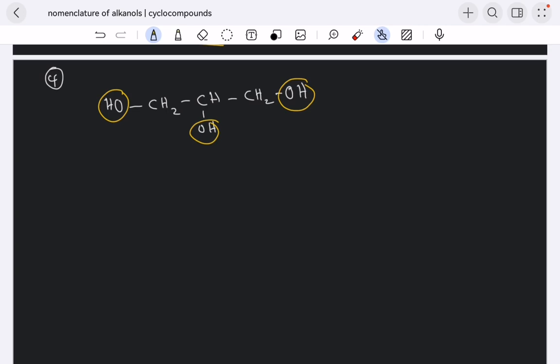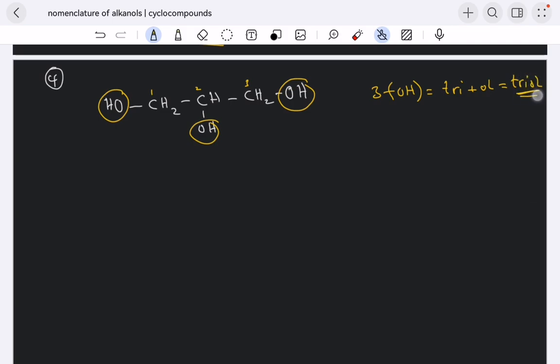Our counting will be 1, 2, 3. So we are saying at position number 1, number 2, and number 3, we have hydroxyls. So 3 means tri. This will be added to OL to give us what we call triol.